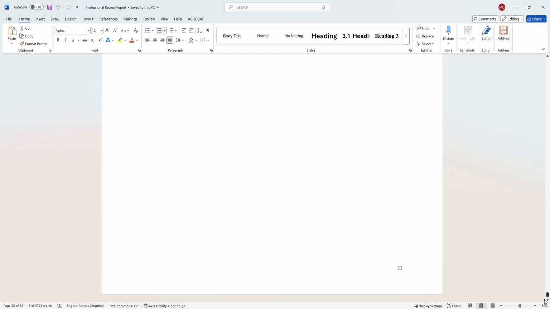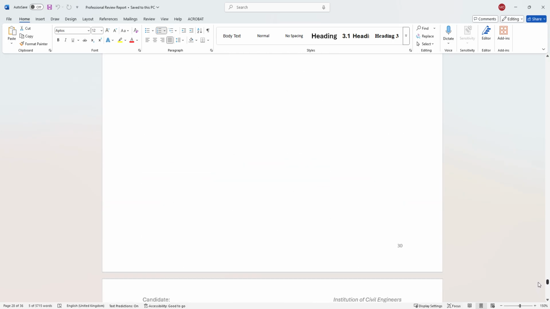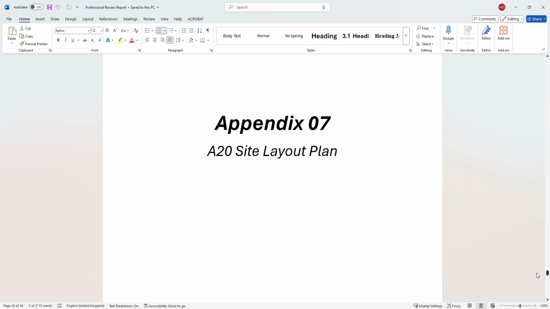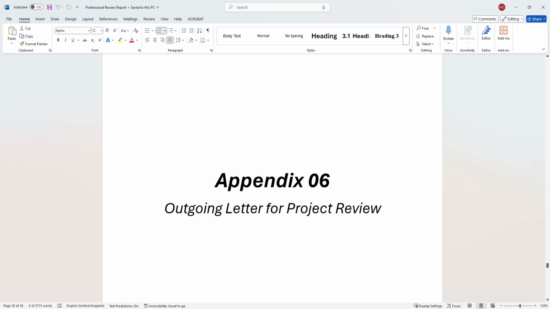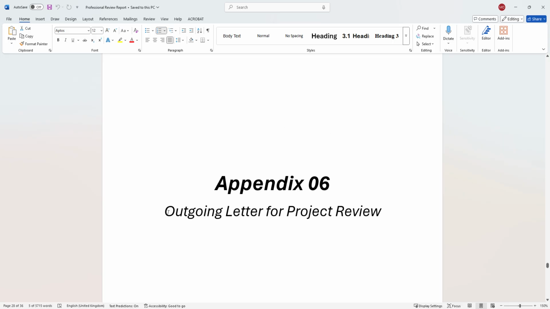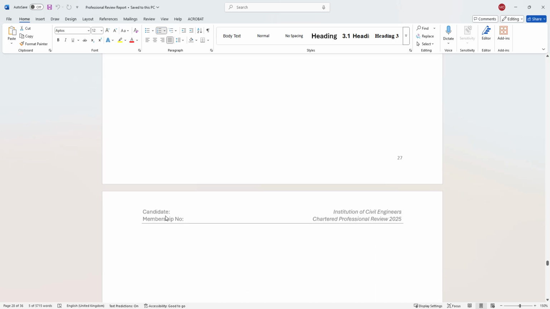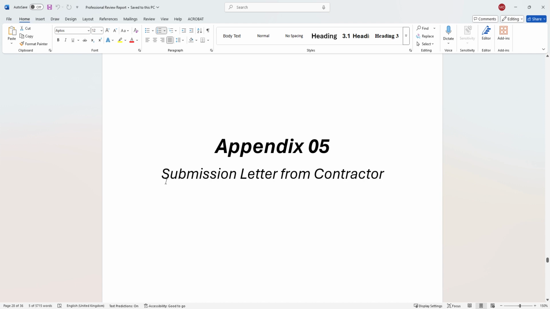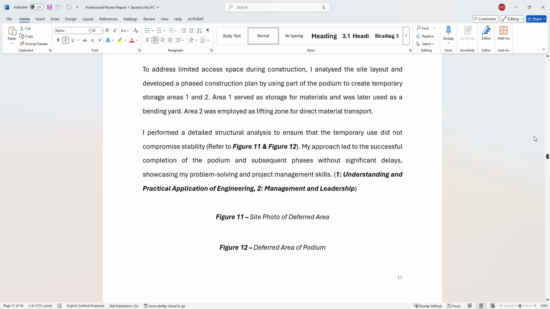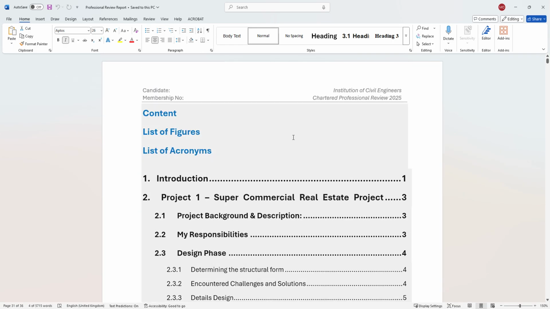This continues down to appendix 10, and like I said earlier on, this has to be your product, so things you did yourself, not what other people have done. If there's any letter, then that letter should be addressed to you. So you could have a letter from yourself to someone else, or you could have a letter from the contractor addressed to you. So this is the report.